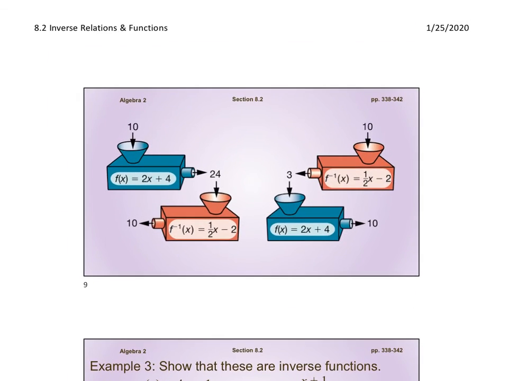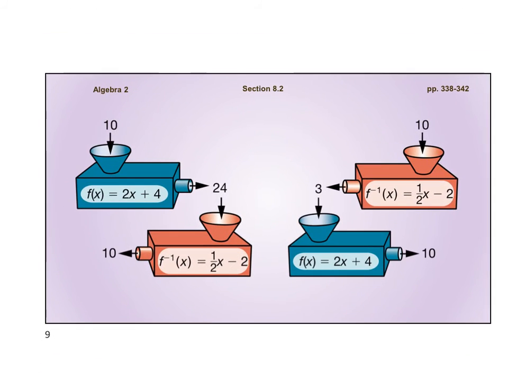Okay, now we're back to our cute little function boxes. We had those yesterday. All right, if I put a 10 in, out comes 24. I put a 10 on this side, out comes 3. Now, if my blue box is an inverse of the orange box, then if I put the 3 in, out comes 10. 10 in, 10 out.